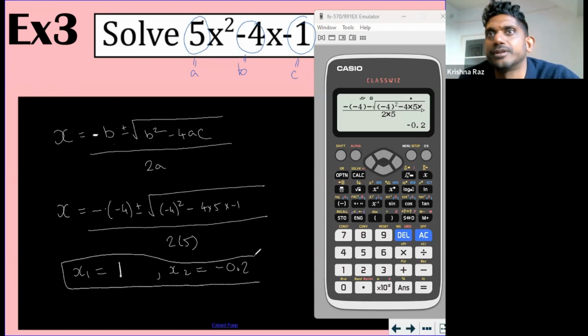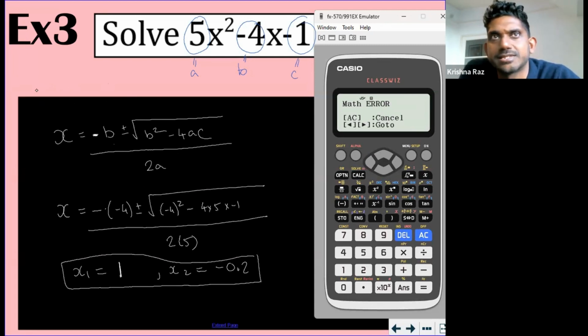Well, what would have happened if I'd forgotten the minus sign? We've got a math error. And the reason for that is because if we evaluate the bit under the square root, we have minus 4 squared minus 4 times 5 times 1, which is minus 20.